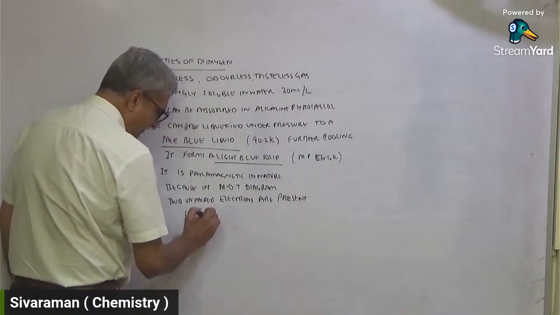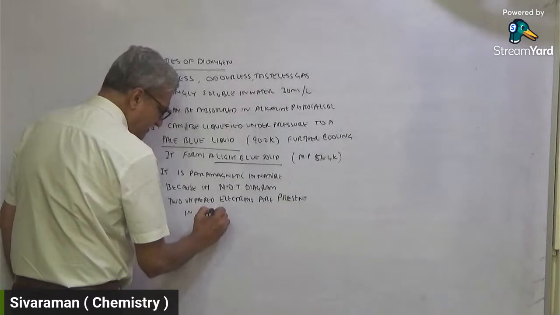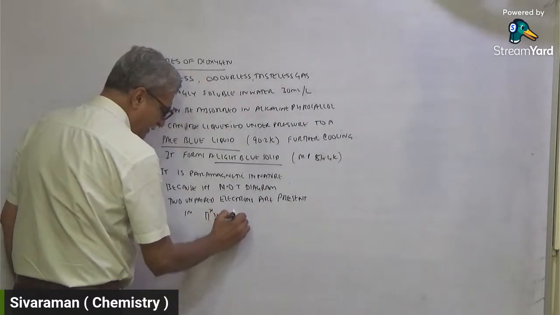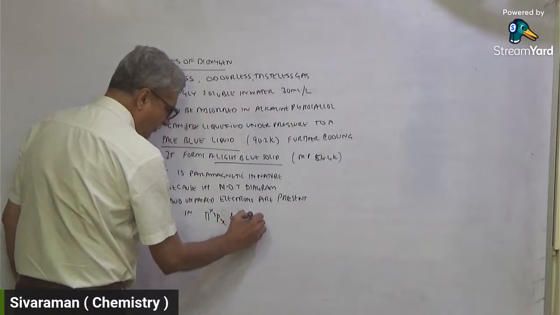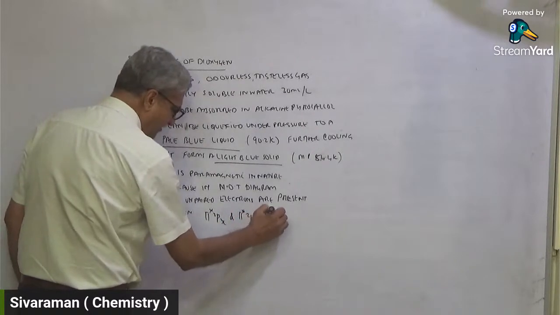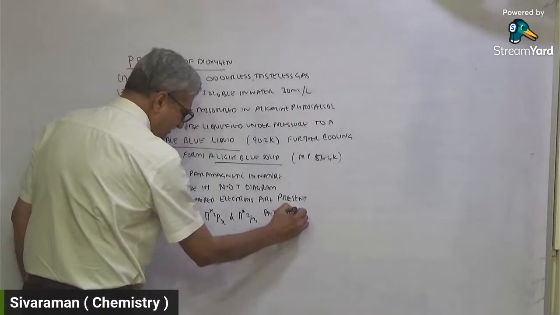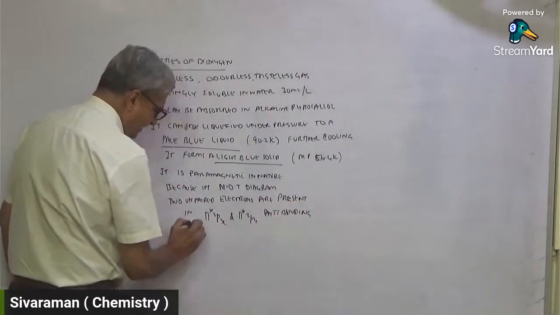In pi star 2px and pi star 2py anti-bonding orbital. Simple, write it down. Anti-bonding orbital.